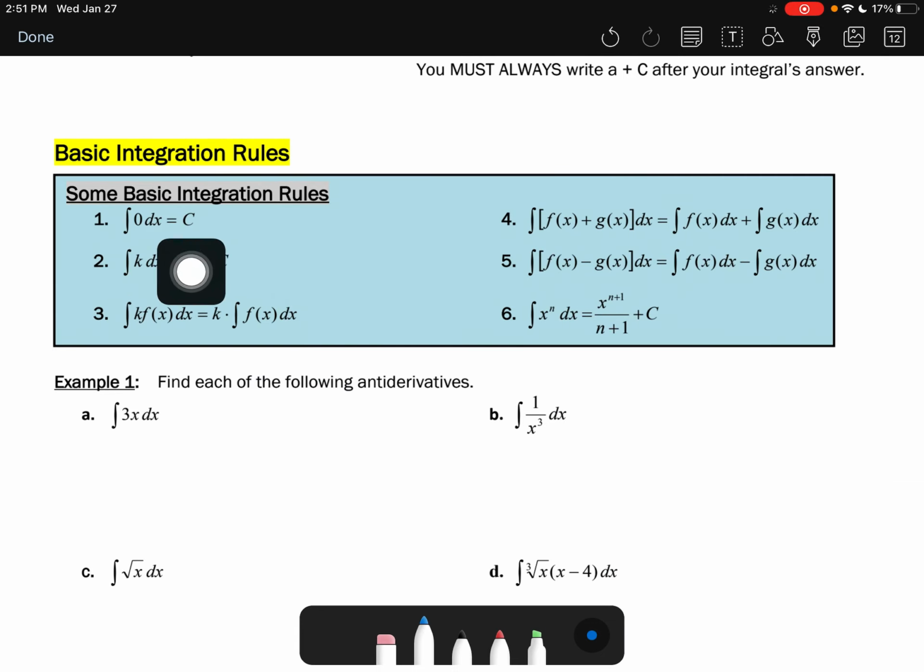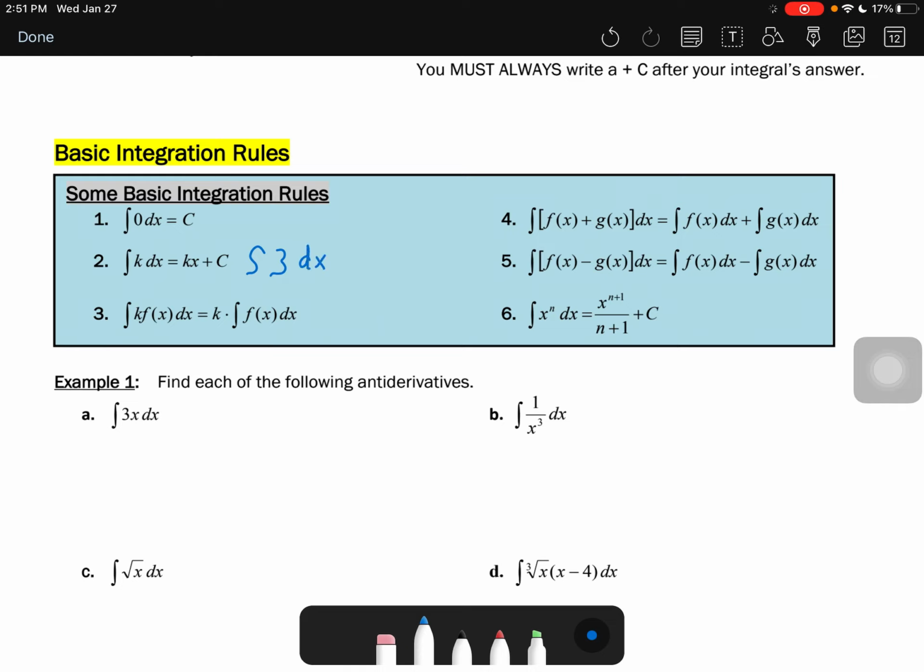Okay, so a lot of these rules, these first 5, they follow what we've already talked about. If we have multiple functions being added, you can integrate each piece separately, whether you're adding them or subtracting them. If there is a constant, let's just say for rule number 2, if it was just a constant, so if I were taking, let's say, the antiderivative of just 3 or something like that, right?